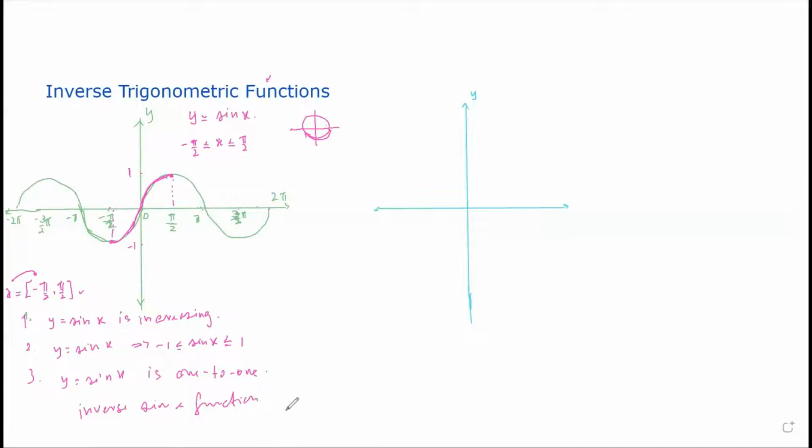In this case we can write it down as y equals arc sine x, or arc sine of x.